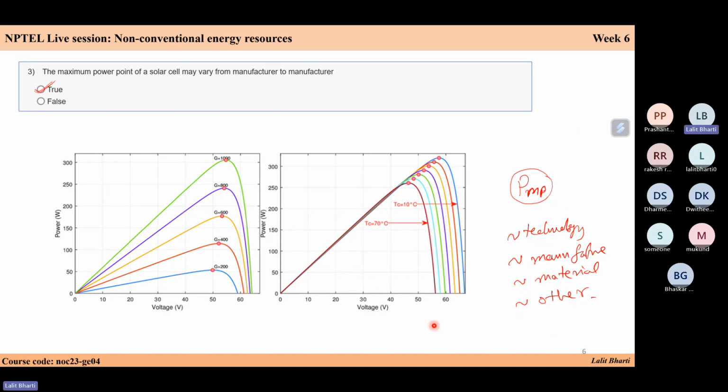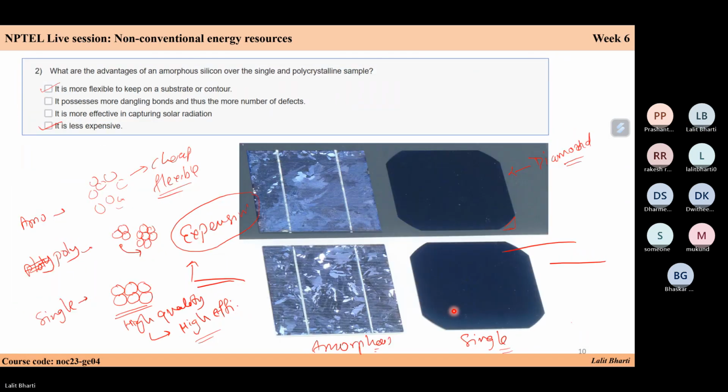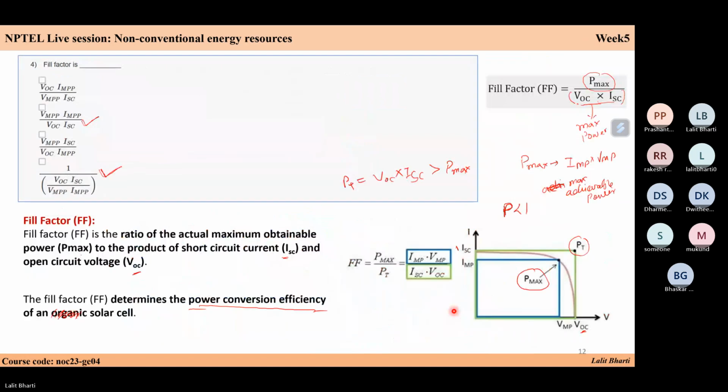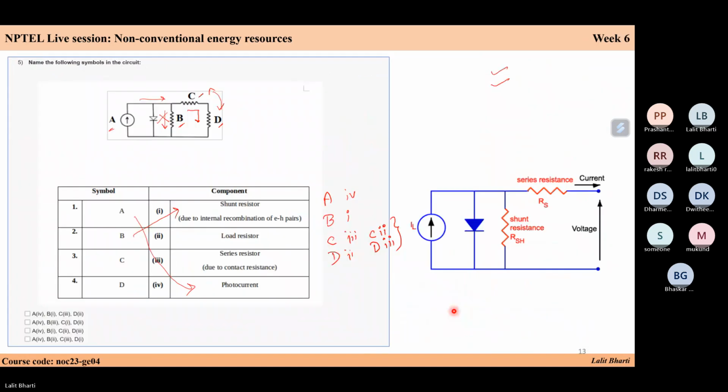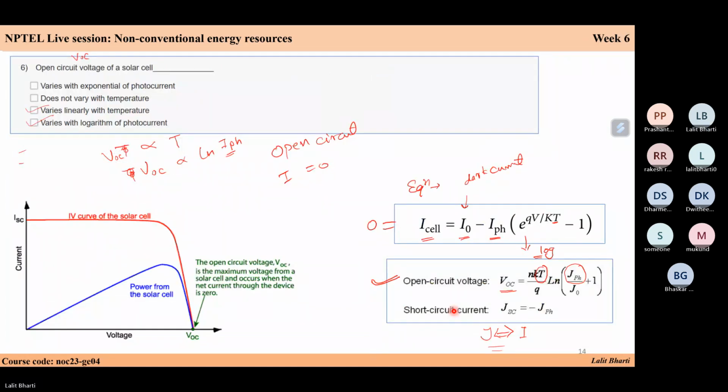So for your different temperatures, your VOC is increasing.